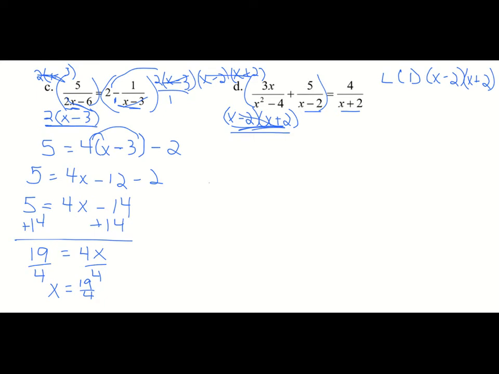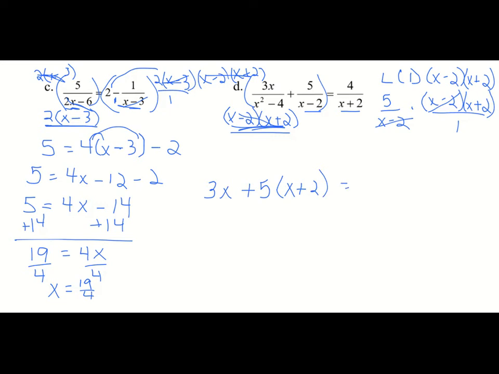So I'm going to move it down here. We have 3x plus, now on the 5 over x minus 2, when I multiply that times x minus 2, x plus 2, the x minus 2's cancel, but I'm left with 5 times x plus 2.